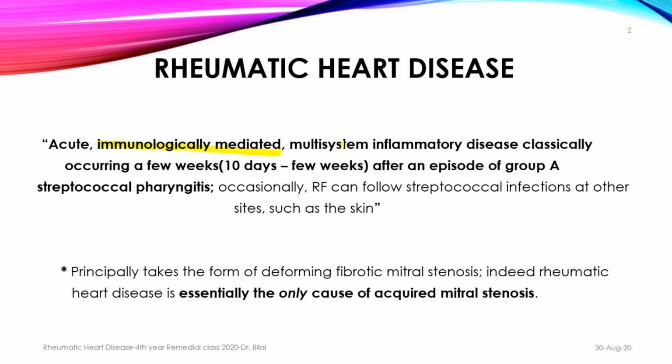It's multi-system, occurring a few weeks after an episode of Group A streptococcal pharyngitis. This is the most important point you'll get in a history when you're about to answer a question regarding this disease.